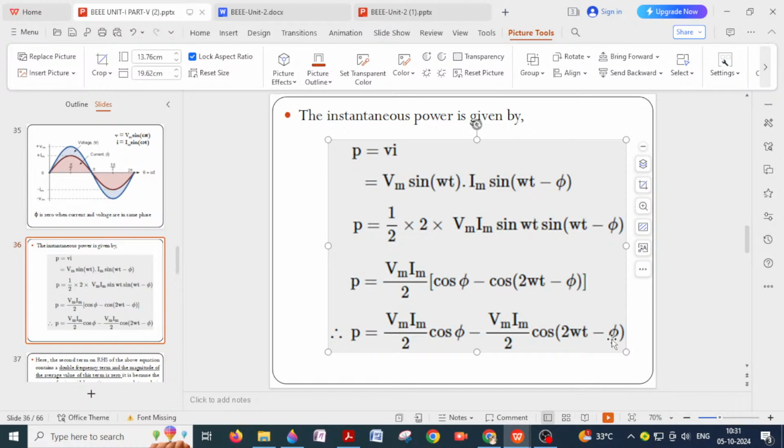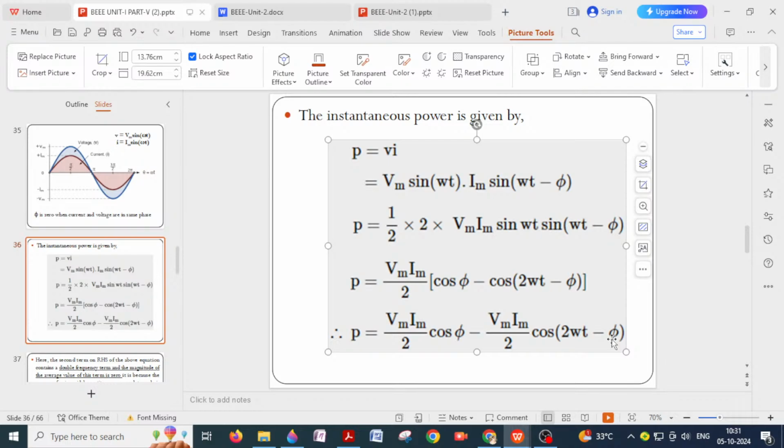Omega is 2 pi f. In the second part there is Vm Im by 2 cos(2 omega t minus phi), whereas the first is a constant term.